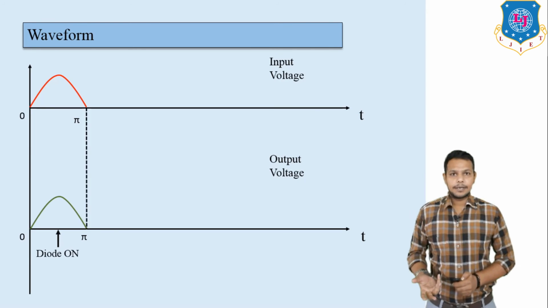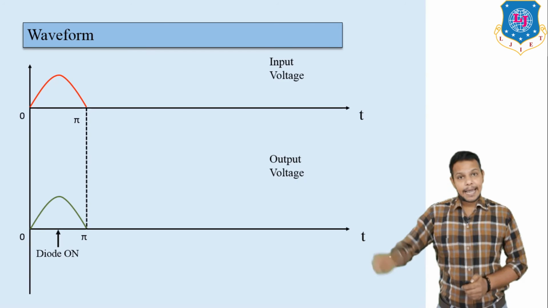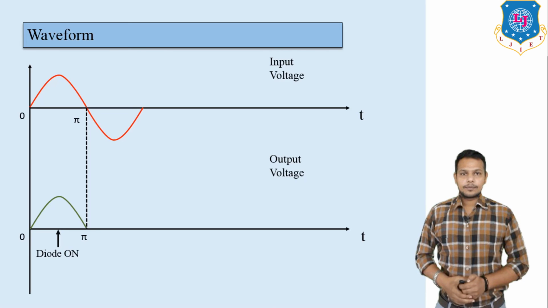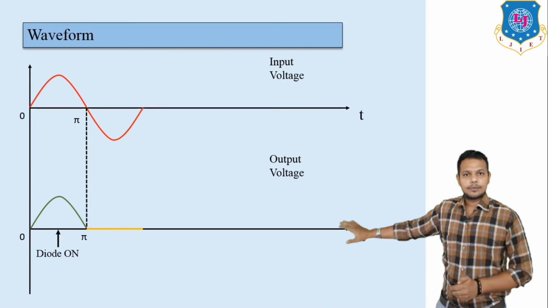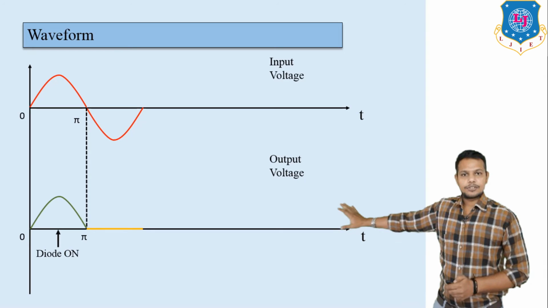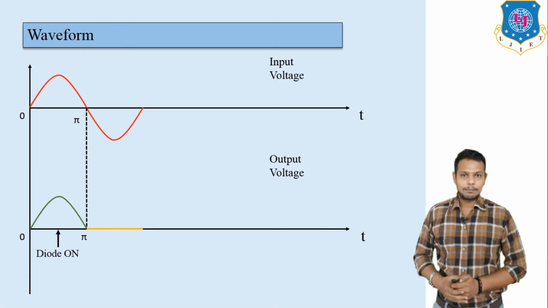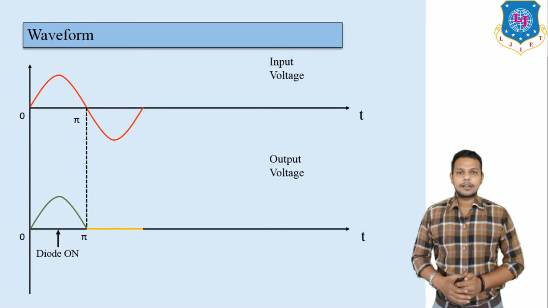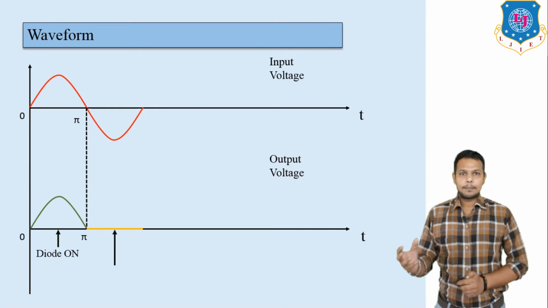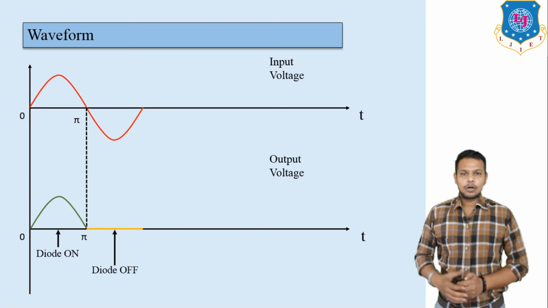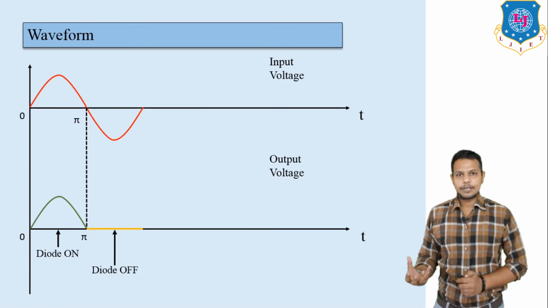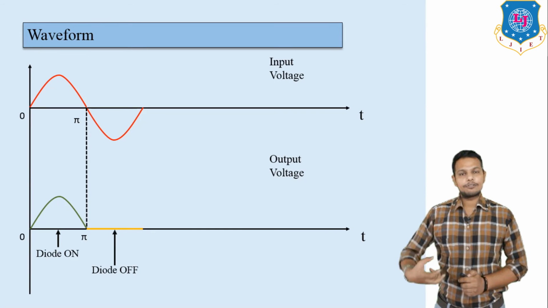Then next, if we apply the negative half cycle at the input, here we can see 0 from the output side because there is an open circuit, and due to this open circuit, current can't flow in this circuit diagram. So this is pi to 2 pi, which means the diode is off. Obviously the diode is off because of the open circuit.